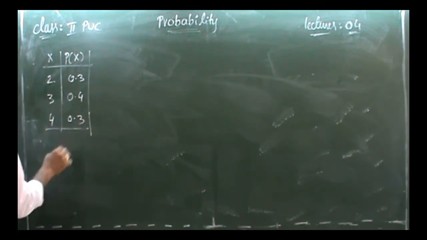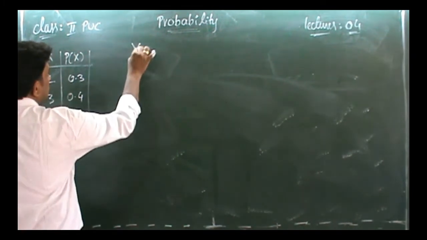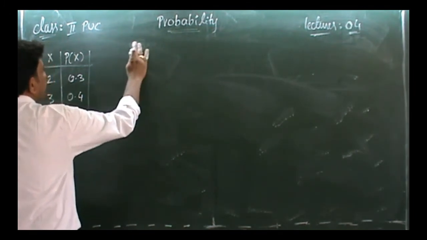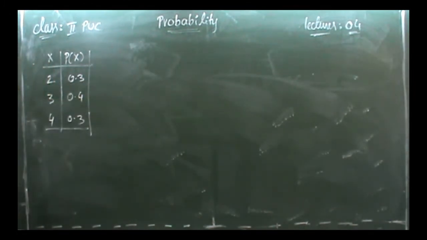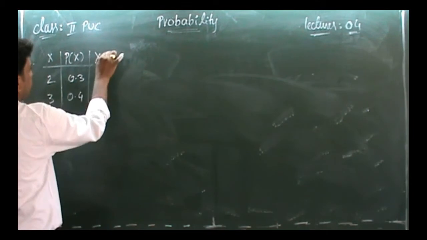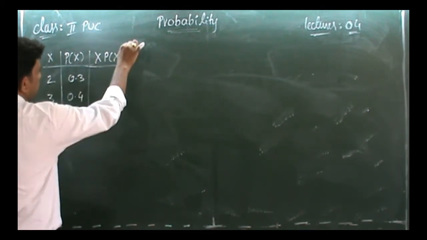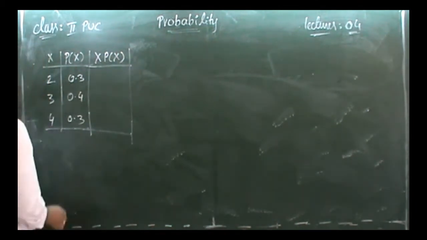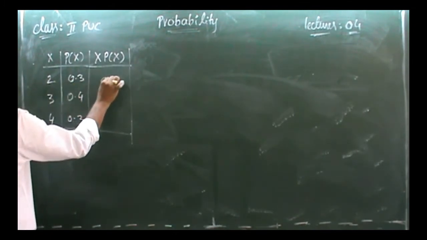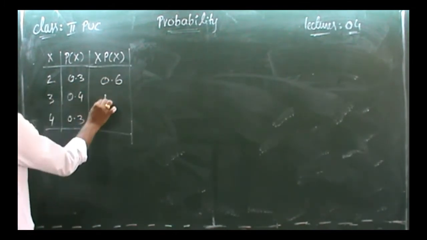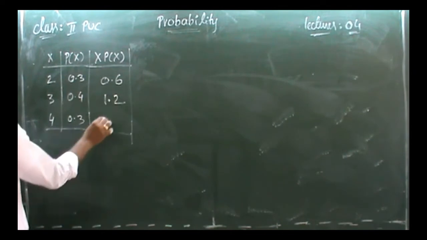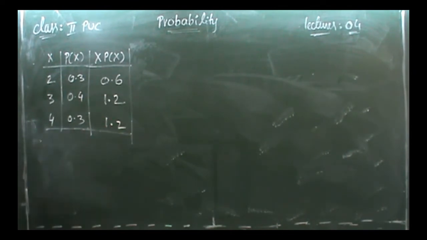He is asking to find the variance. For finding the variance, first we have to find x into p of x. So 2 into 0.3 is 0.6, 3 into 0.4 is 1.2, and the last one is also 1.2.